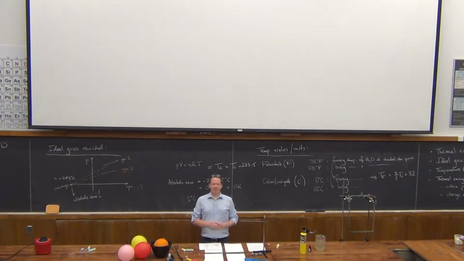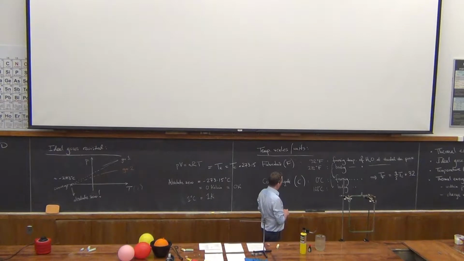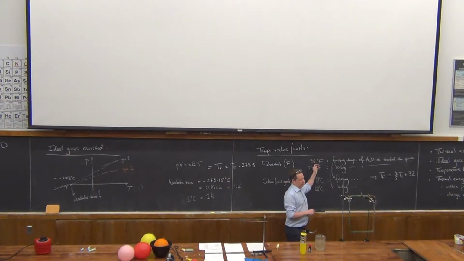Other questions on temperature scales? Yeah. What is 0 in Fahrenheit? What does 0 degrees in Fahrenheit mean? In terms of physical reference points, it doesn't mean anything these days. I believe early on, you can read about this.